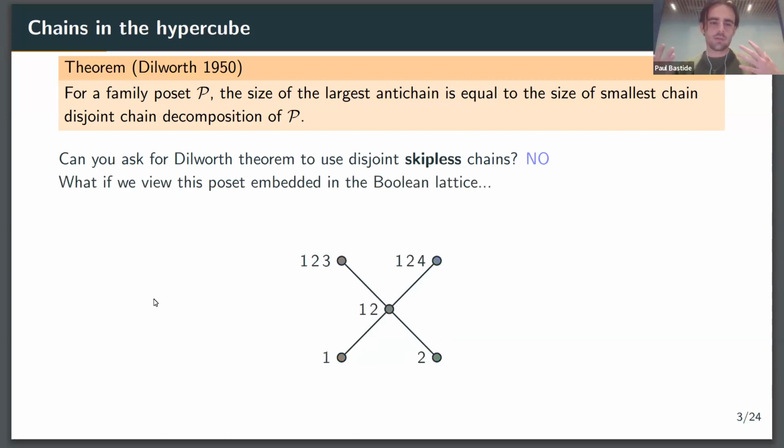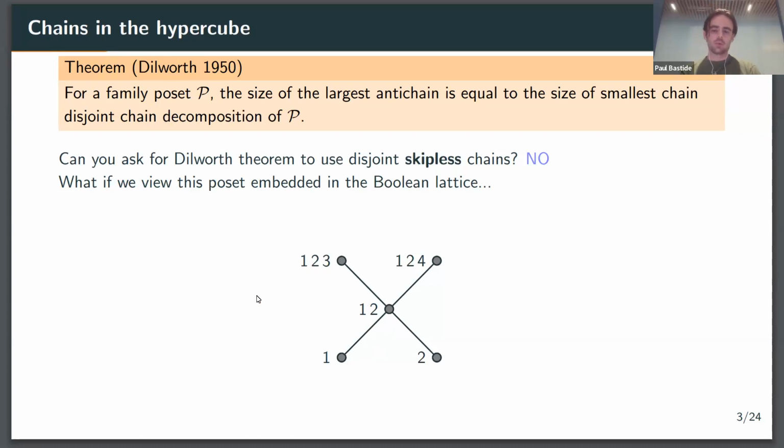But what now if instead of viewing this poset as just a poset itself, we view it embedded in some Boolean lattice? So I just took some embedding, an arbitrary one, here. And my question now is, okay, so we saw that we cannot just decompose this poset using two skipless chains.